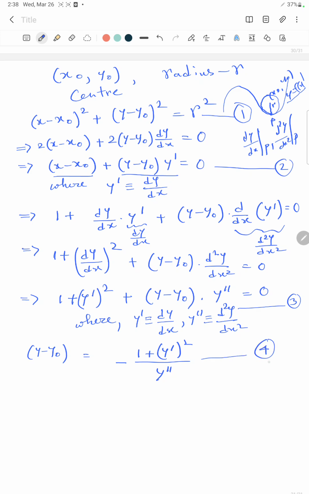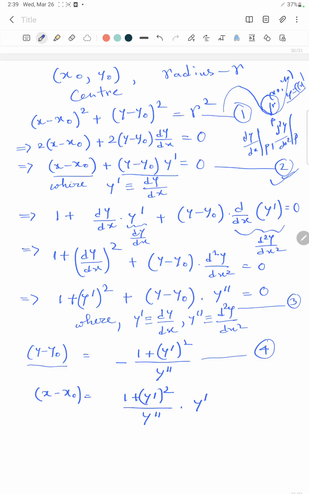If you substitute this expression for y minus y naught from equation number 4 into equation number 2, then you will get simply x minus x naught equal to (1 plus y dashed square) by y double dashed into y dashed.